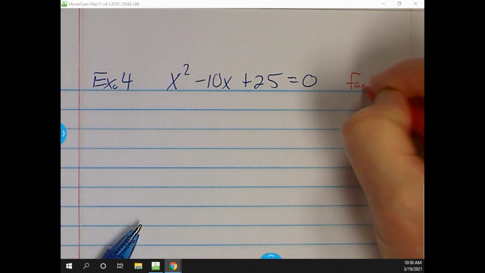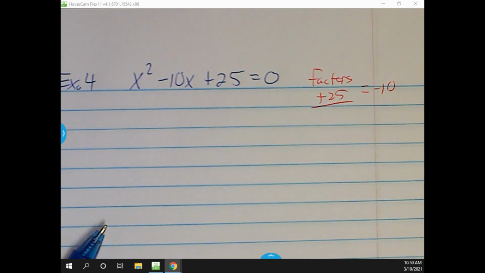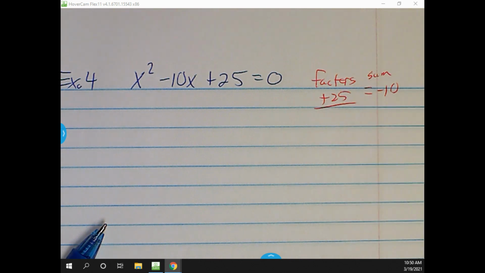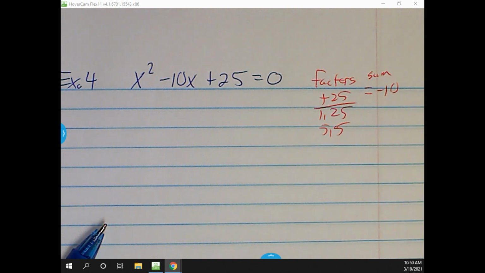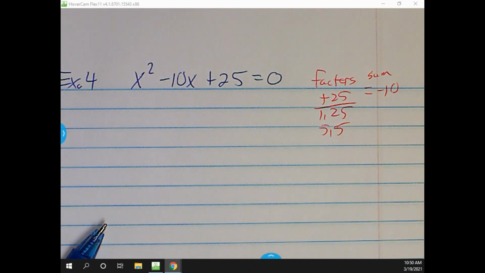We're going to do the factors of positive 25 where the sum would equal negative 10. It seems like there'd be a lot more, but with 25, there's only 2 choices. It's either 1 and 25, which there's no way we're going to get to 10 with this one. So it's got to be 5 and 5.